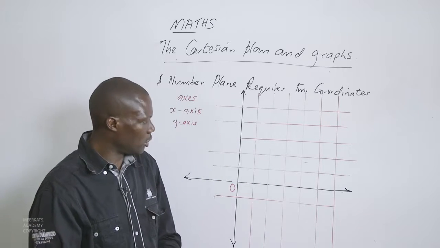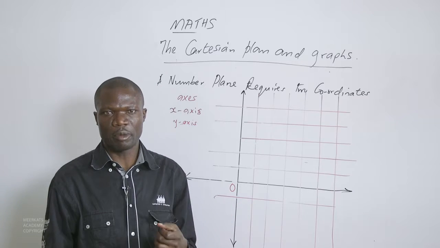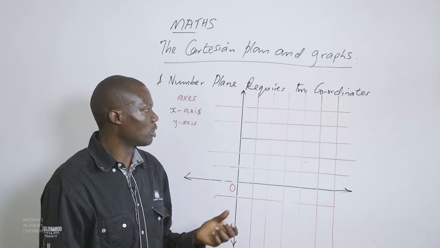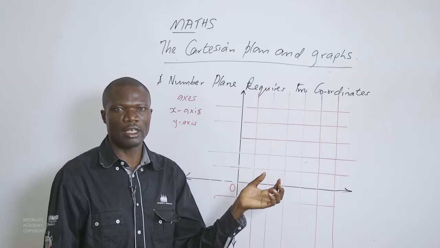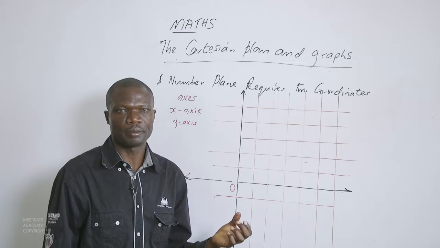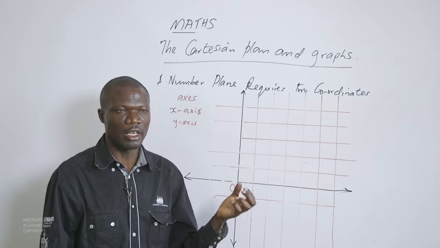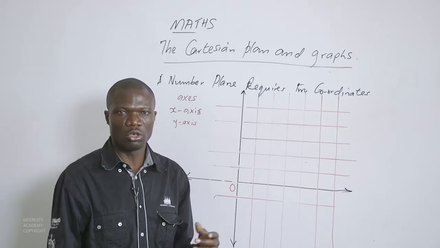As I earlier told you, in this class we shall require you to have graph paper or a graph book. These lines are not faint, but they act as a guide. In your graph papers, they are already there. All we need to do now is to know how to locate.